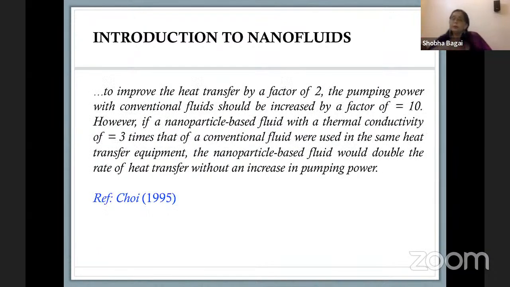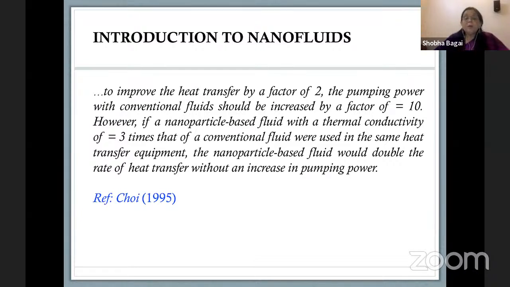And then, towards the end of the paper, he gives an example of the kind of efficiency that can be achieved by considering a nanofluid rather than a conventional fluid. He mentions that to improve the heat transfer by a factor of 2, that means if you just need to double it, the pumping power with a conventional fluid should be increased by a factor of 10.